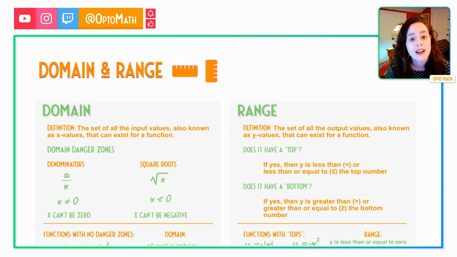Does it have a bottom? It's another good question. So is it like this? Or is it like this? That has a bottom. So it has a clear place that is the smallest y value you can get to. So that means your y values are going to be greater than or equal to the bottom number.